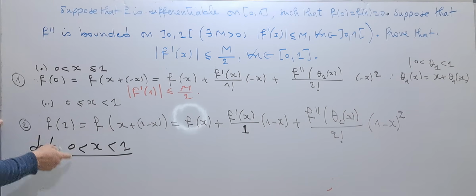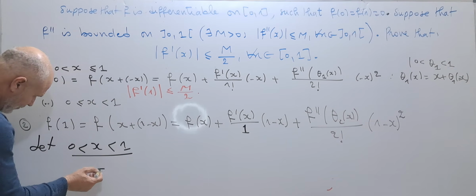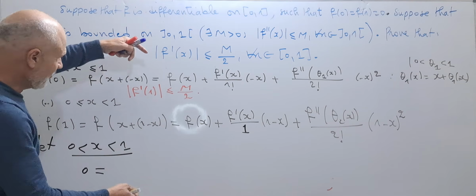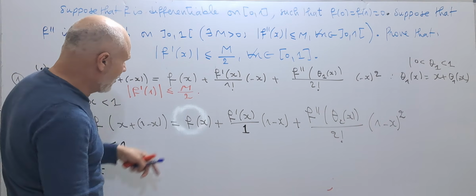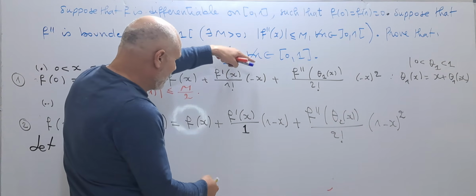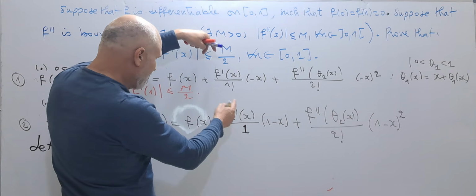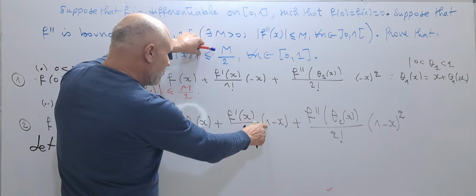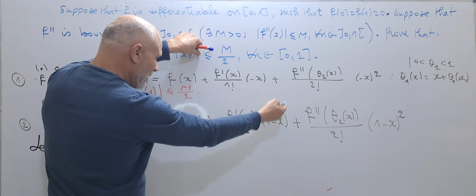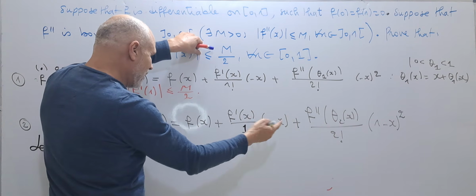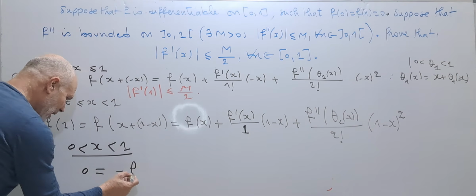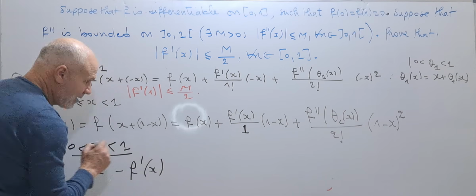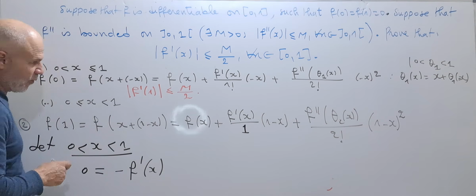In this case, we have 0. And f of x minus f of x, this is equal to 0. And the f prime terms, x will be constant, and we keep just minus f prime of x for x between 0 and 1.